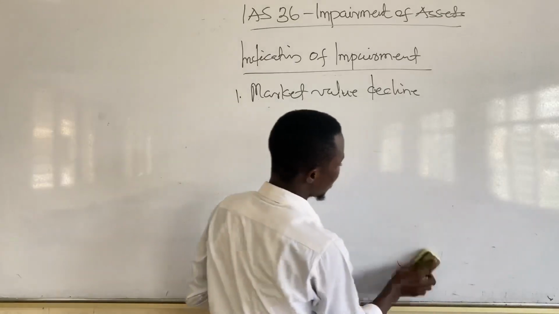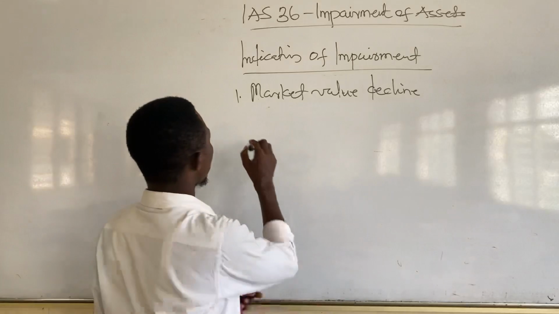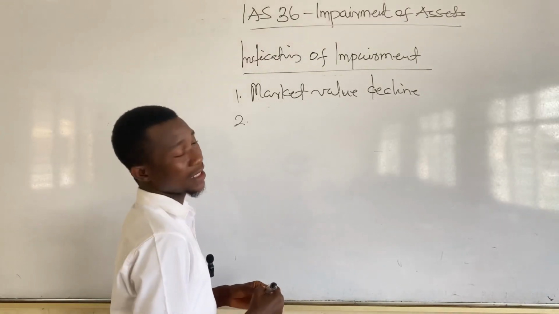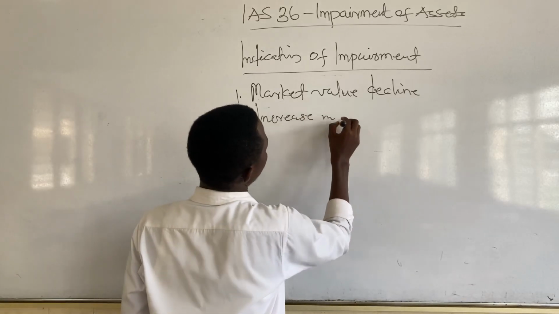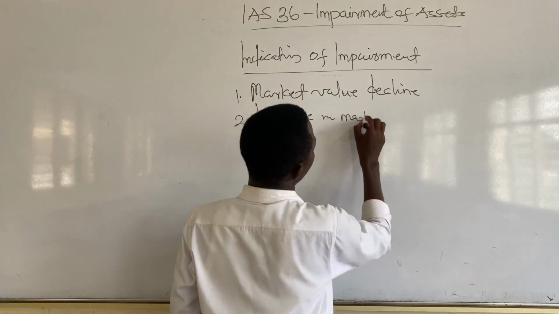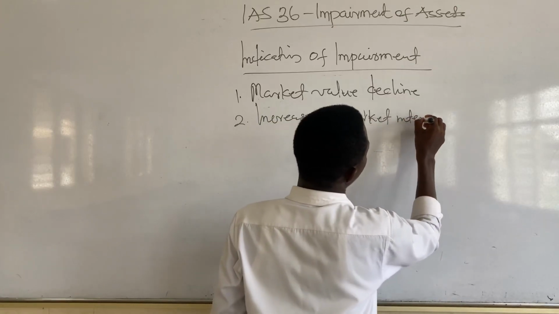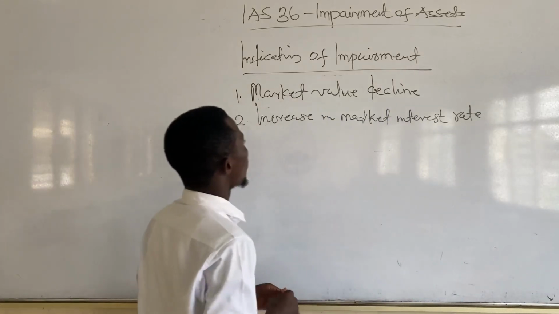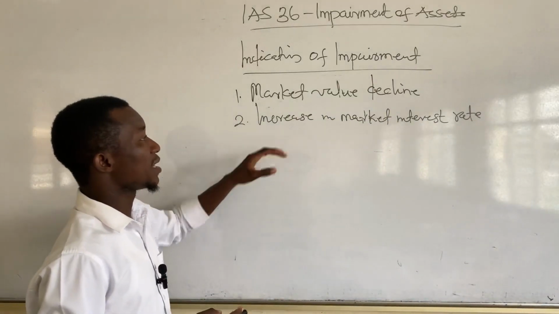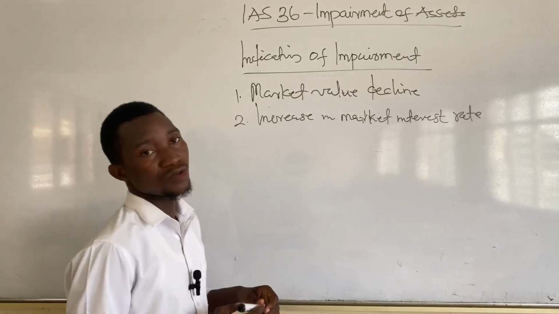In an examination, they can ask you to mention some indications of impairment. We can talk about an increase in market interest rates. When there is an increase in market interest rates, it can also lead to an impairment.